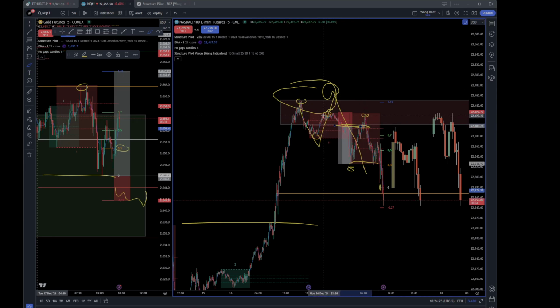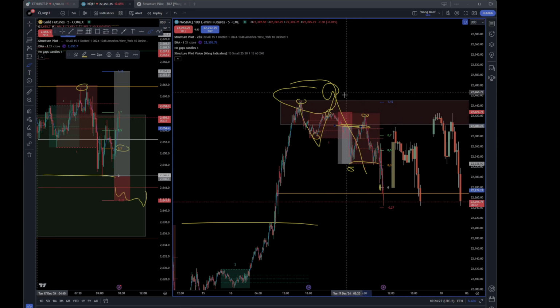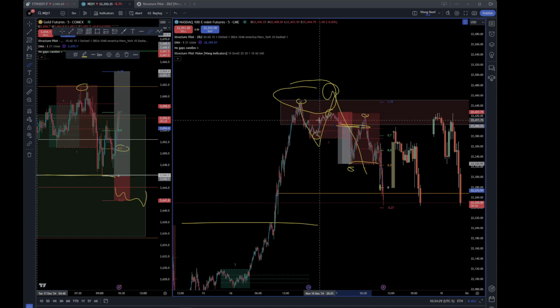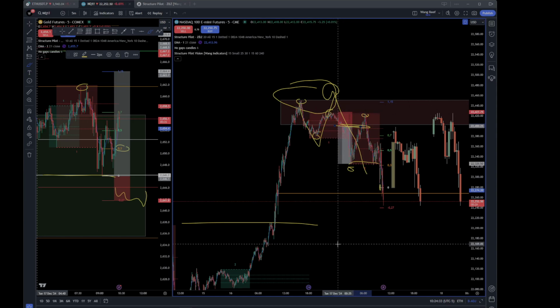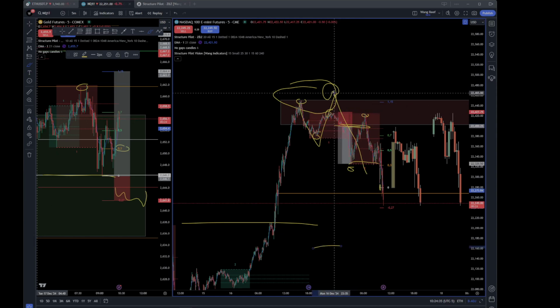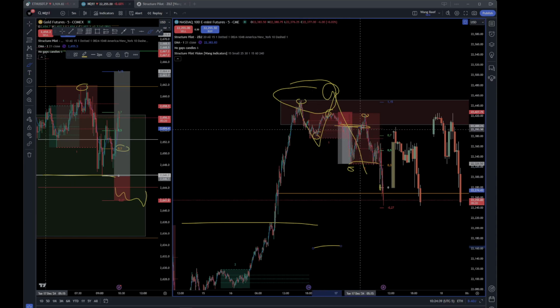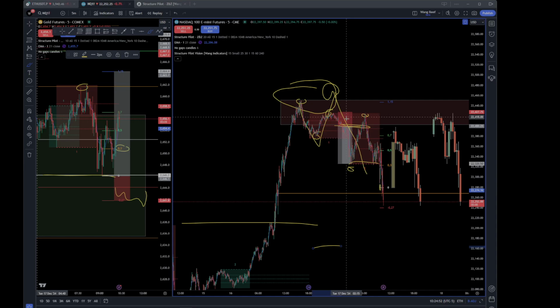I'm not losing whatever money I would have lost because I took an entry here to get there, and I got liquidated. So price hitting my entry in itself is a confirmation. So yeah, that's how I would approach price basically.